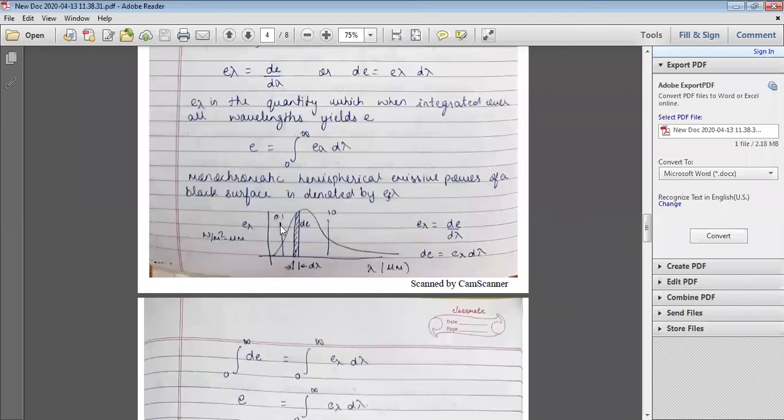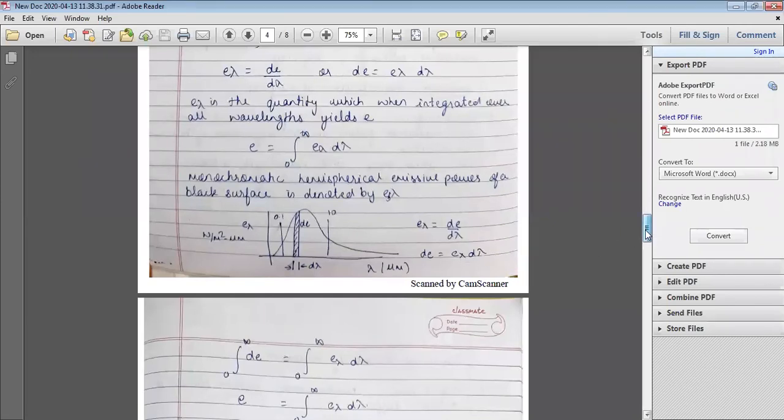And we know from the first basic concept that most of the thermal radiation will be between 0.1 to 10 microns only. So if I take one small part of the wavelength, I take it as d lambda, and this will be nothing but dE. So E lambda is the emissive power dE by d lambda, so dE is equal to E lambda into d lambda.